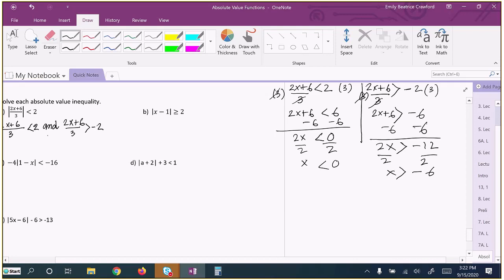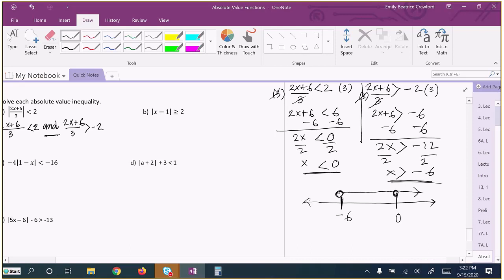Because they are associated with and, I'm going to now draw this picture on the number line. The lower number is negative 6, the higher number is 0. Because of the strictness of the inequality, both of them are open circles. This inequality says you are greater than negative 6, so you will go to the right.